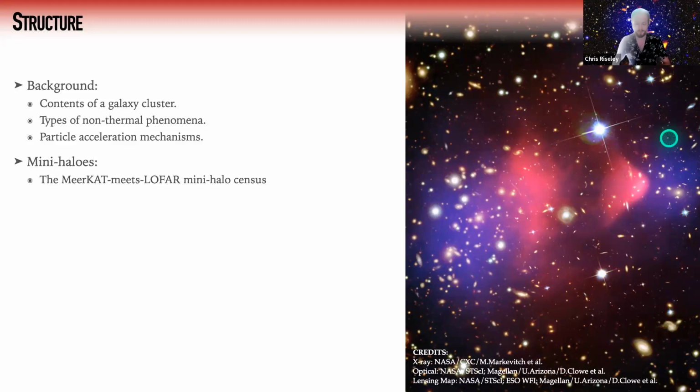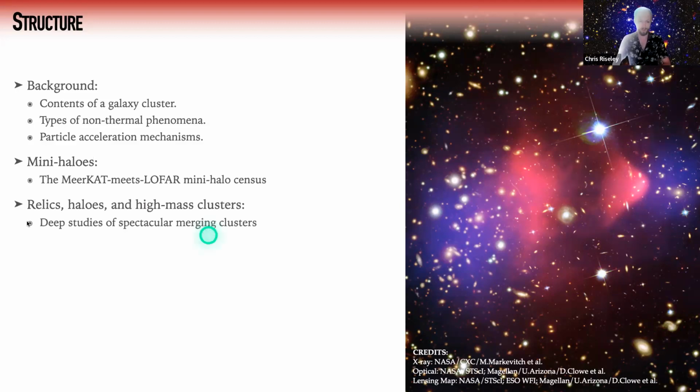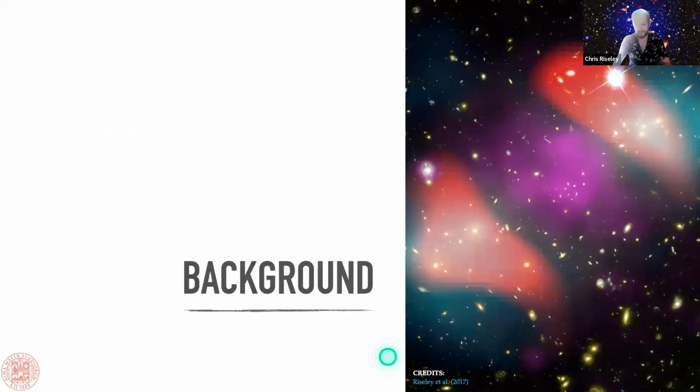I'm going to talk a bit about mini halos, and honestly, the MeerKAT meets LOFAR mini halo census that I'm currently performing is going to be taking up the brunt of the time in this talk. Later, I'm going to be talking about some relics, halos, and high mass clusters, touching very briefly on some deep studies of spectacular merging clusters. So without further ado, let's get into the background and tell you what you need to know.